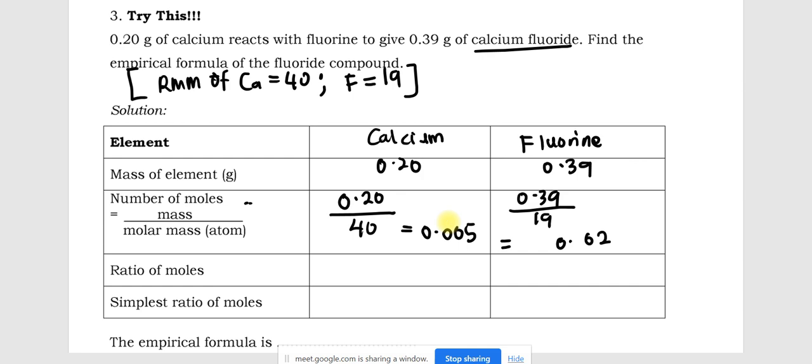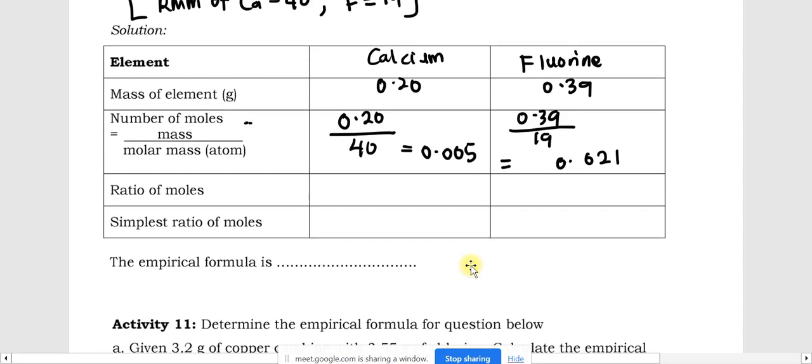0.021. Okay, give 3 decimal places for this one too. Then now divide with the simplest ratio: 0.005 divided by 0.005, and 0.021 divided by 0.005 also. This one you get definitely 1.